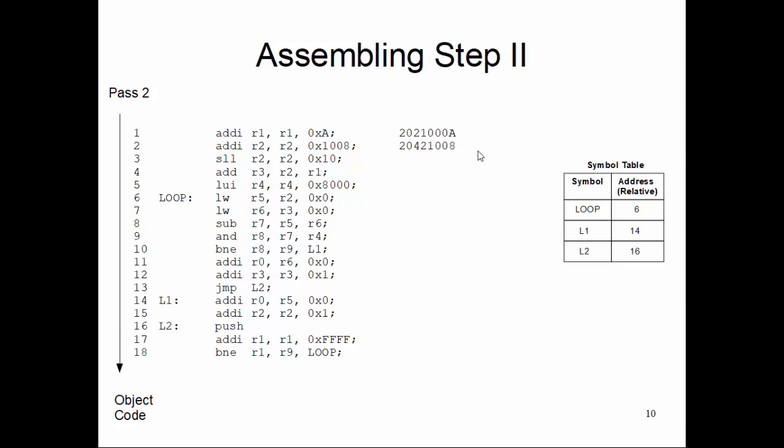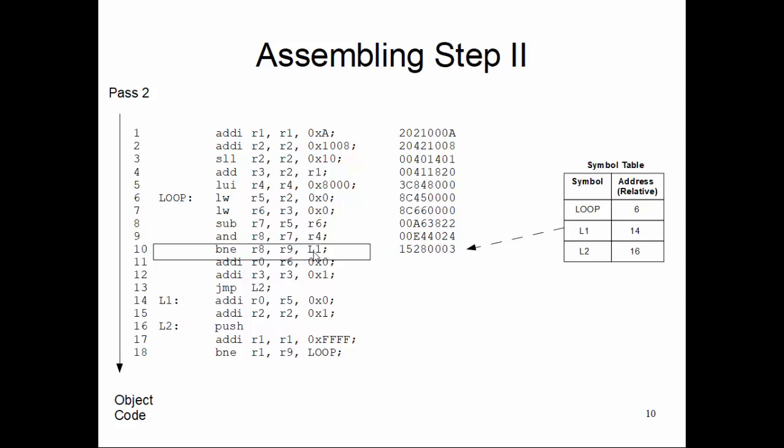So it does this for the second instruction, third, fourth, fifth, sixth, seventh, eighth, ninth, and when it comes to the 10th, it is referring to a label L1. Now it goes and refers to the symbol table, picks up the relative address value, and somehow combines that information into the machine code.